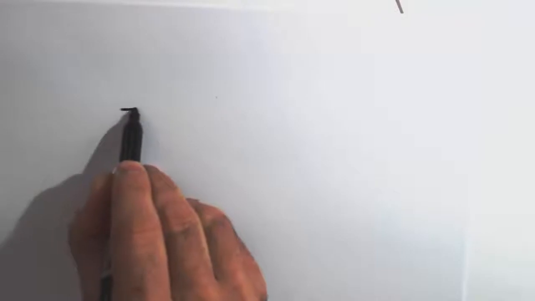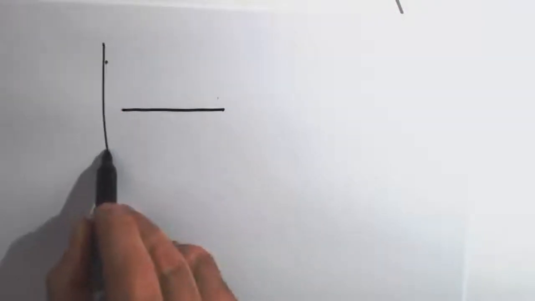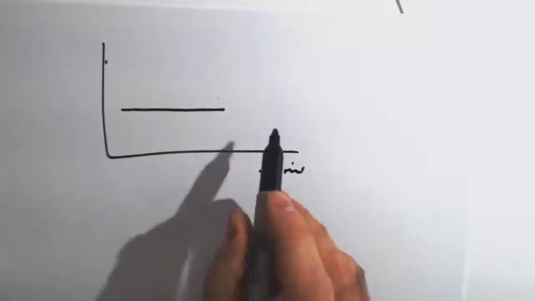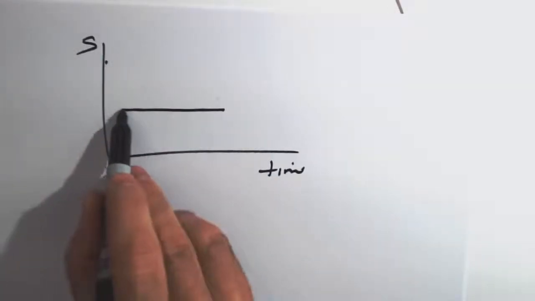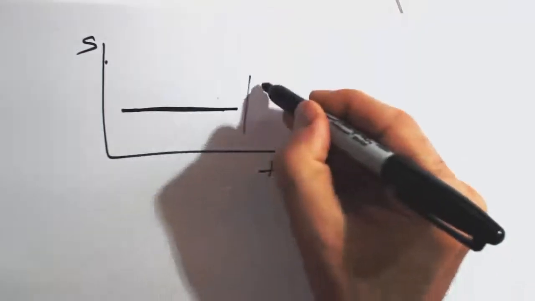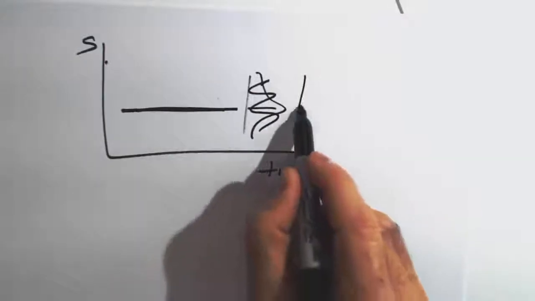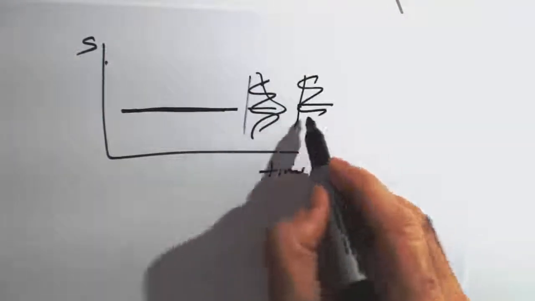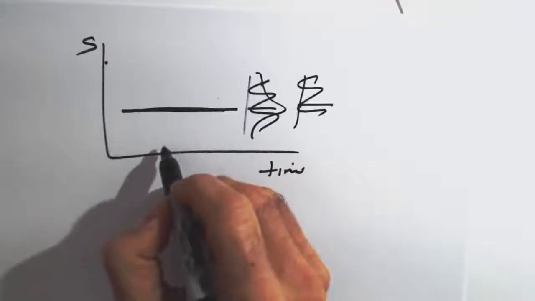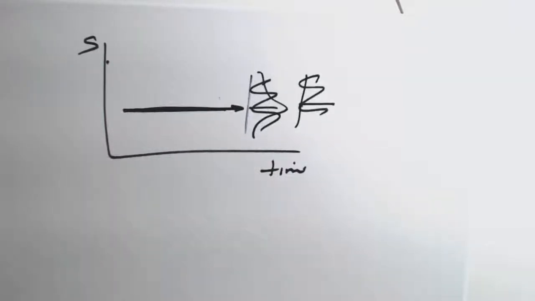That would mean that the stock price would move, if I draw it like this, we have time here, you have the stock price. You would think that a riskless stock would just move like this. It's riskless. There's no uncertainty. There's no distribution here. It's all collapsed. It's just a point. There's no risk. The stock never goes up. It never goes down. You know exactly where it's going. Now, that's almost a representation of a risk-free stock.